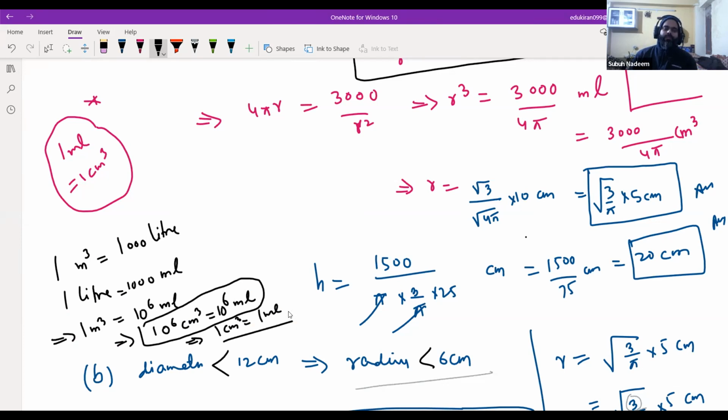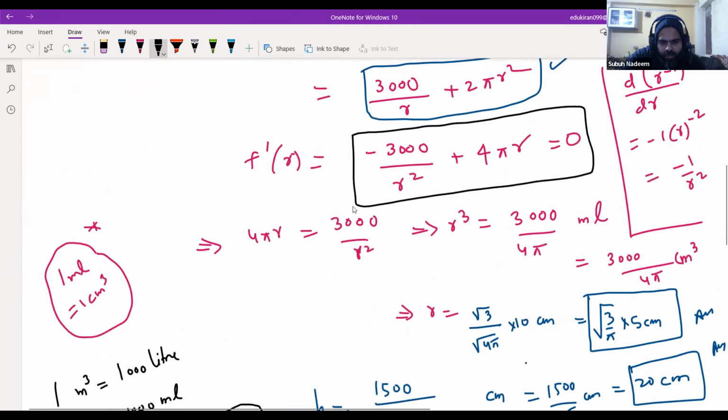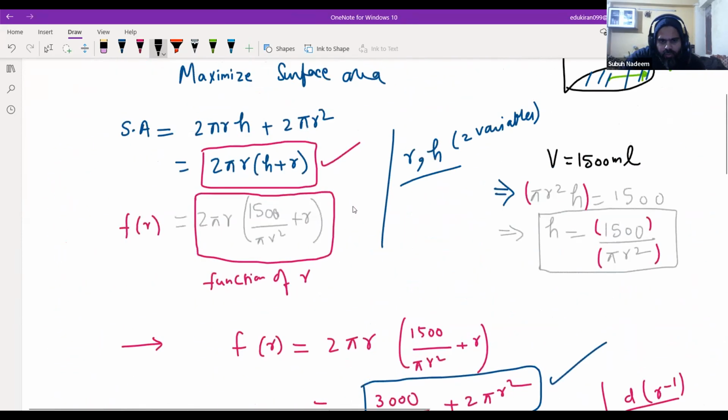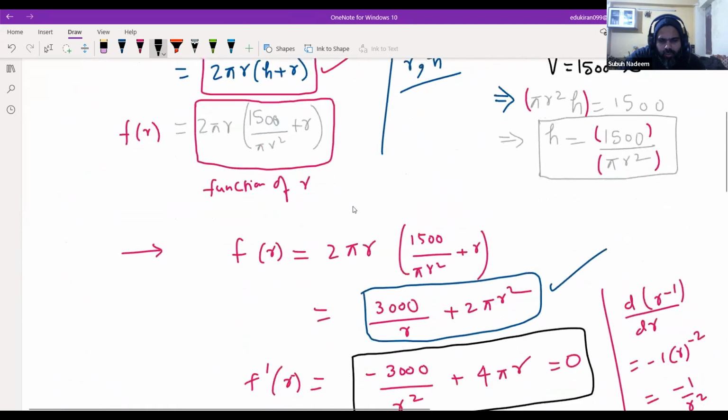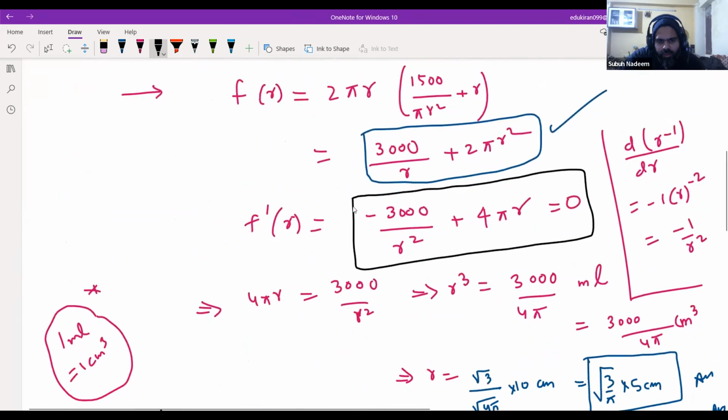Yeah. But they got R as 6.2. They got R as 6.2 as the answer. Yep. Okay, then it will affect the optimal value. So have we done any error in calculation or something?